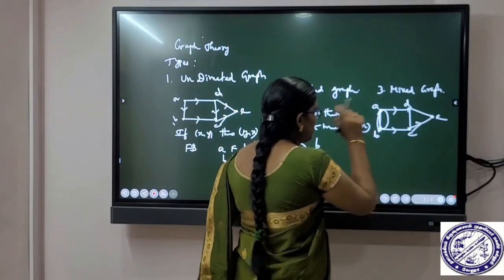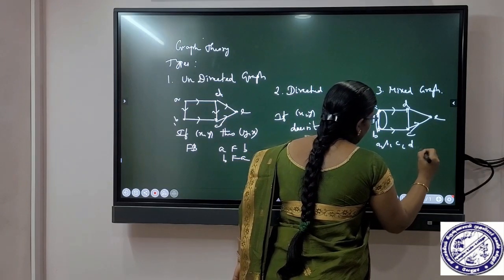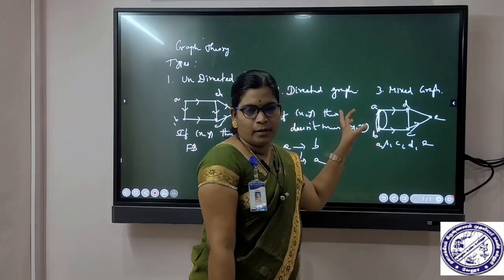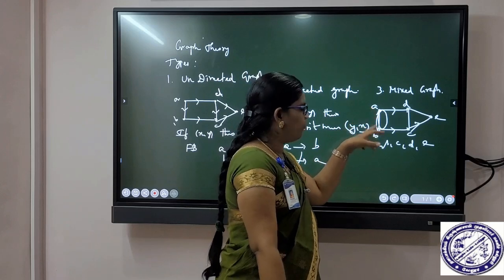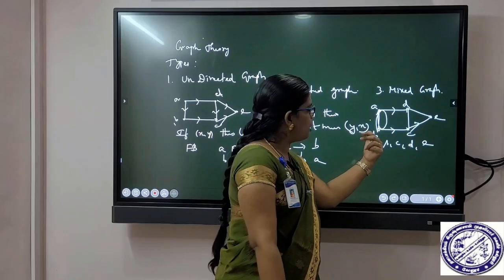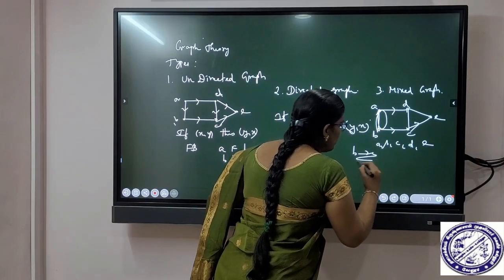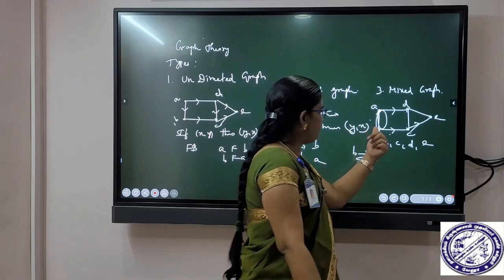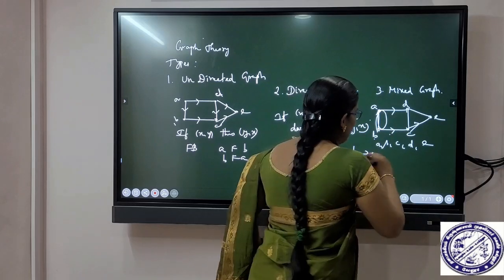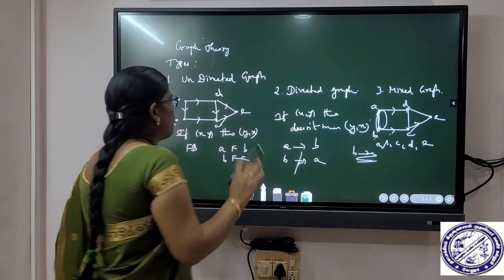Consider an example where the vertices A, B, C, D, E are jobs. A and B are independent for the undirected edge. Job A can be done at any time, job B can be done at any time. But the edge B to C is directed. Only after the completion of B can C start the work. That is, the outcome of B is the input of C. So these are the types of graphs.